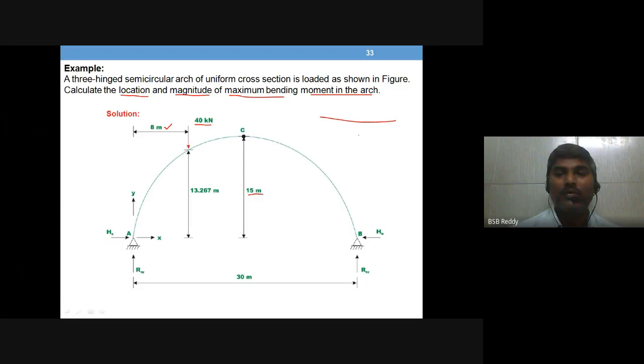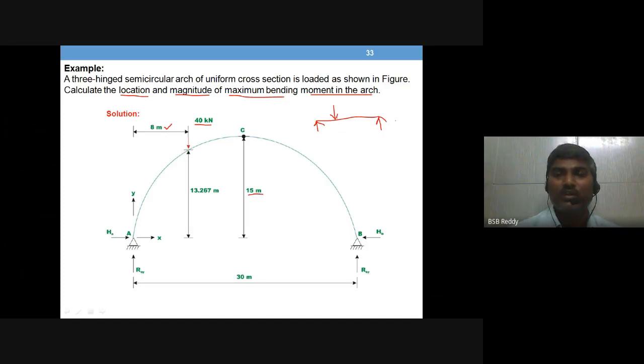Okay. Just let me draw a beam. So a small simply supported beam, let us say. So you have a point load, for example. So if this is the case, where do you expect your maximum bending moment to occur?